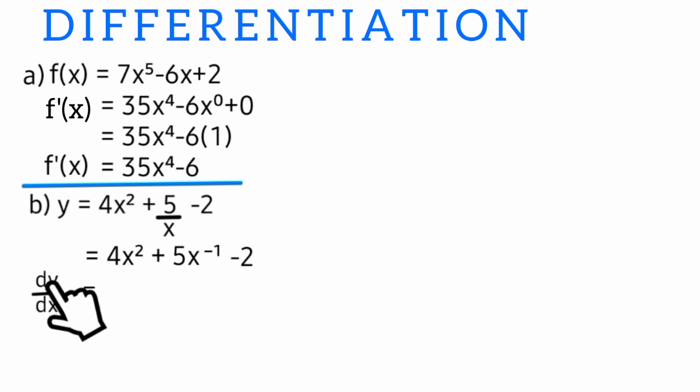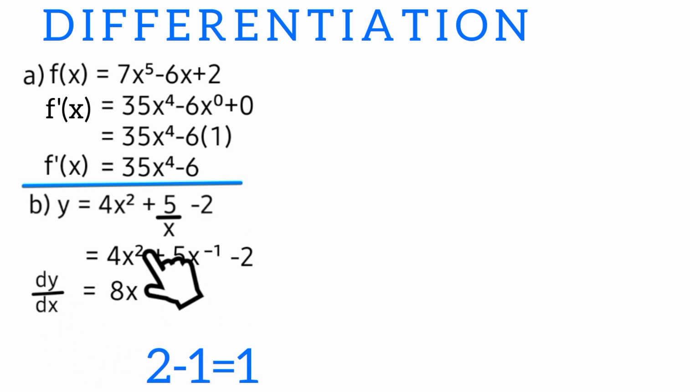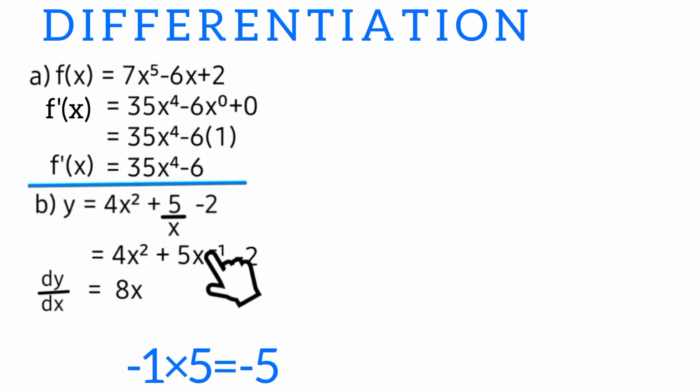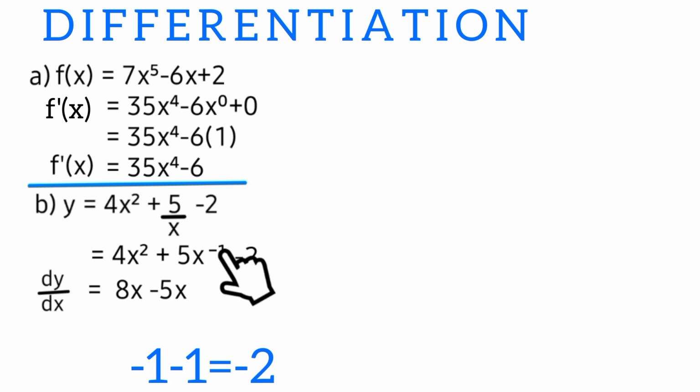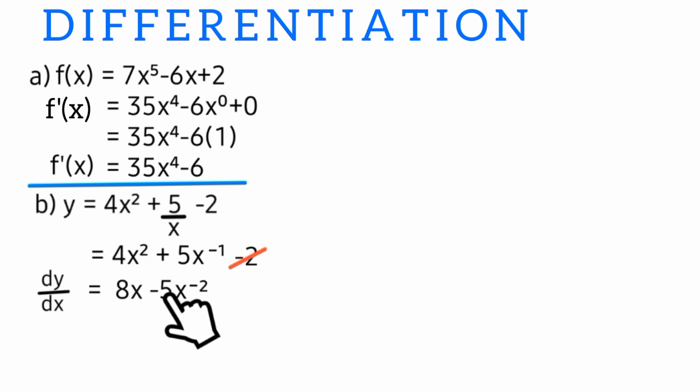So the dy over dx will be 2 times 4x, 2 minus 1. So the power of x here is 1. Minus 1 times 5x, minus 1 minus 1. Differentiation of a constant is 0. So therefore, the differentiation of this function is 8x minus 5x raised to the power of minus 2.